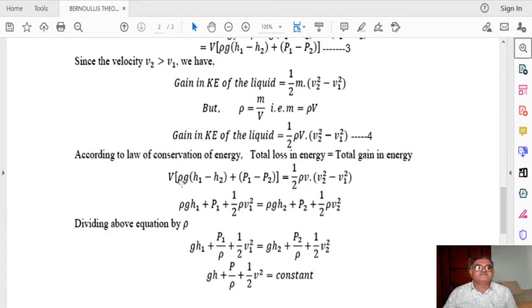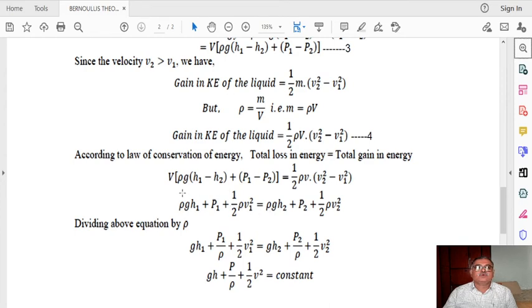The remaining terms are rho g h1 plus p1, then plus half rho v1 squared, because when it comes to this side, it takes a positive sign.